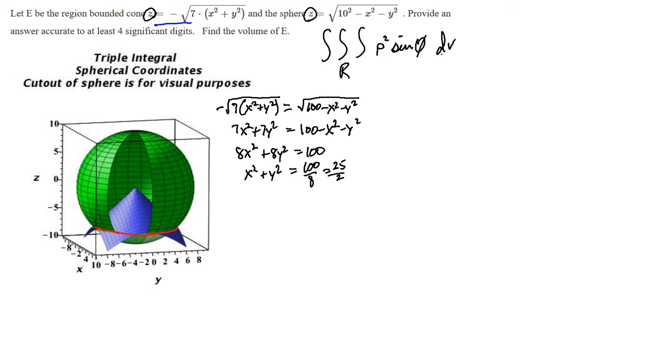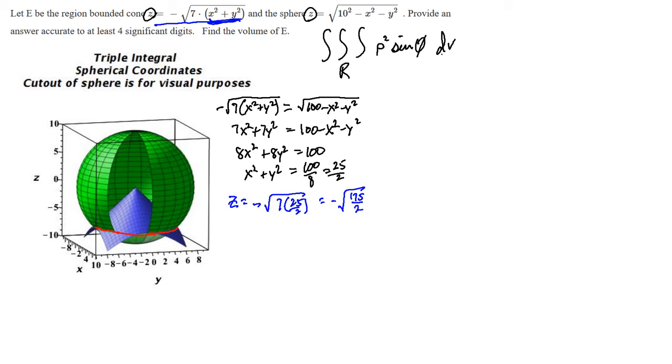So if we take this cone and we use 25 halves for the x squared plus y squared, we get a negative square root of 7 times 25 halves, which comes out to be a negative square root of 175 over 2.